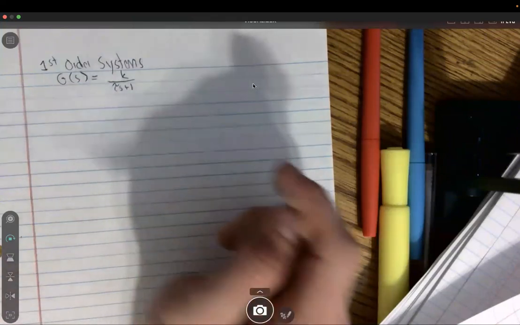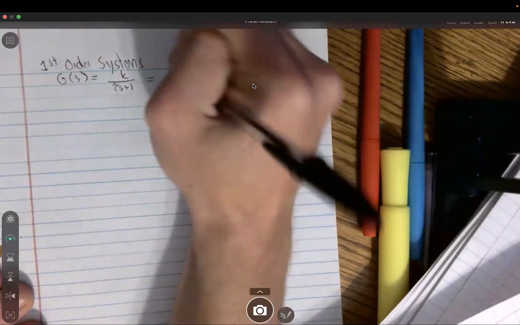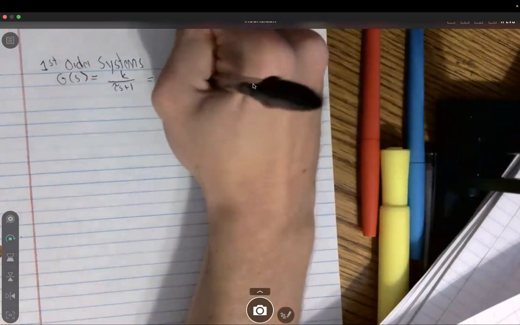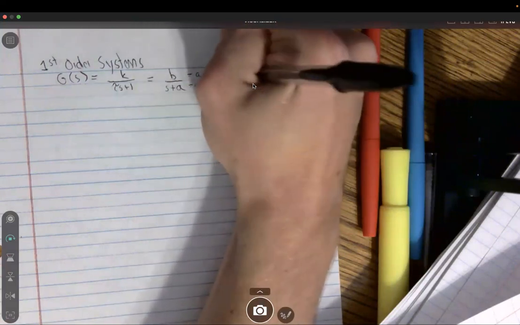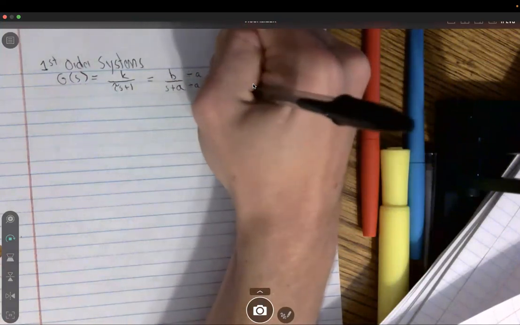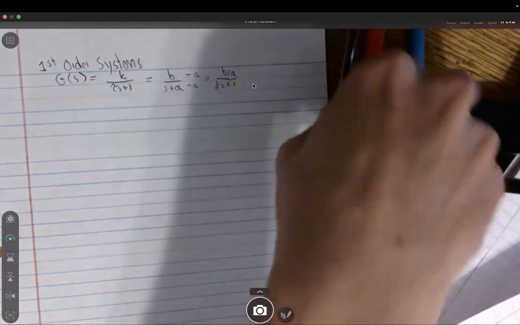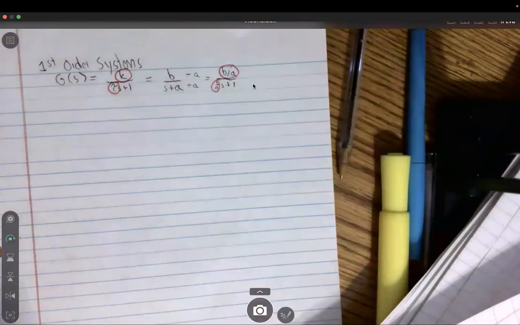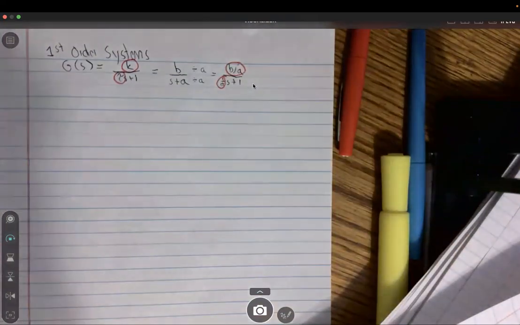But oftentimes we're given it in the following format: G of S is equal to B over S plus A. And here, if you divide by A on both sides, you get B over A over 1 over A S plus 1. So our K is equal to B over A, and our tau is equal to 1 over A. Just make note of that because it will pop up later.